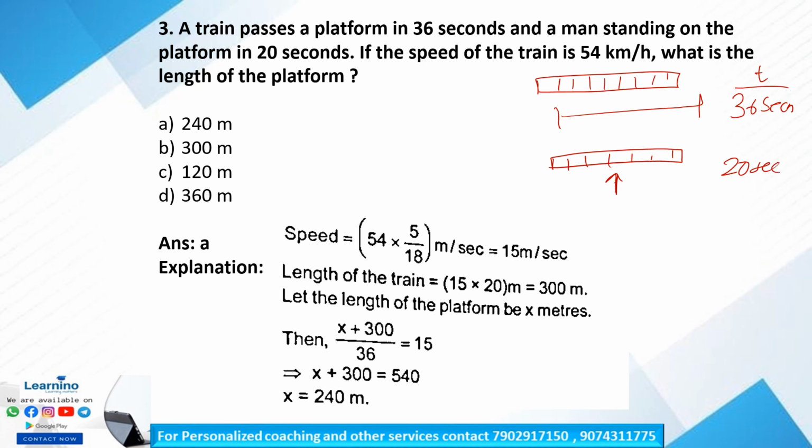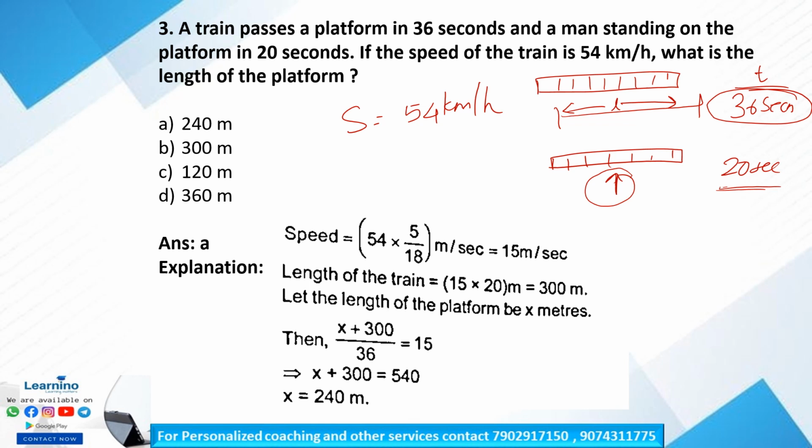So the train passes a platform in 36 seconds and the same train passes a man standing on the platform in 20 seconds. If the speed of the train is 54 kilometer per hour, what is the length of the platform is our question.